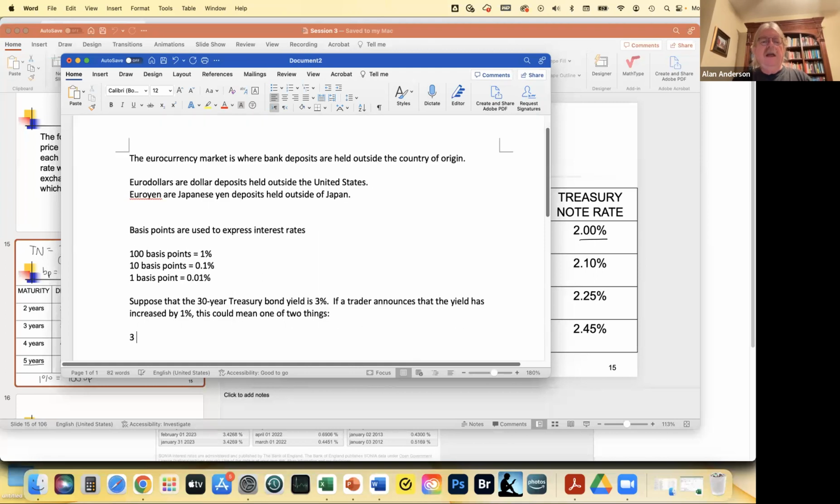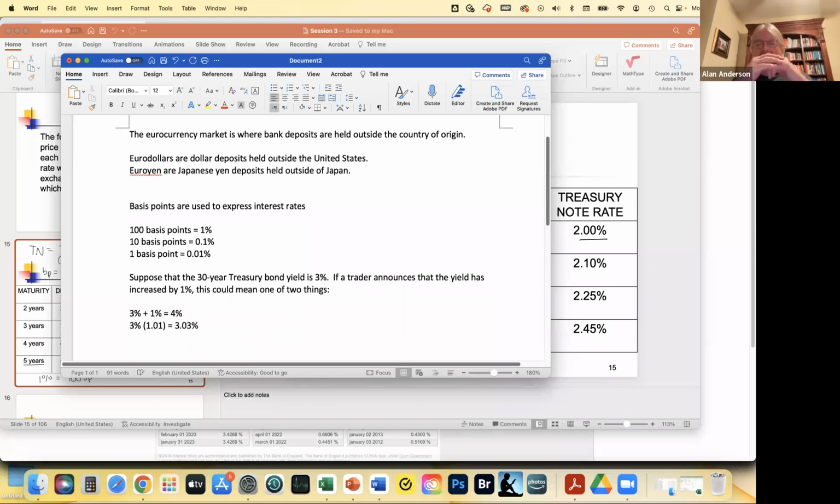3% plus 1% equals 4%, or 3% times 1.01, which is 3.03%. In other words, did it go up 1%, 1 percentage point, or did it go up by 1% of its current value? Well, it's hard to say with that phrasing.